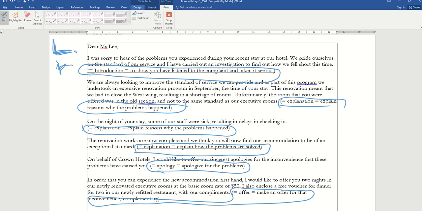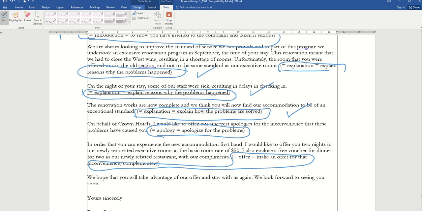So it is our job to explain one by one, one paragraph for one complaint with explanation, one explanation, reason why. So you can see 3 problems are mentioned with explanation.